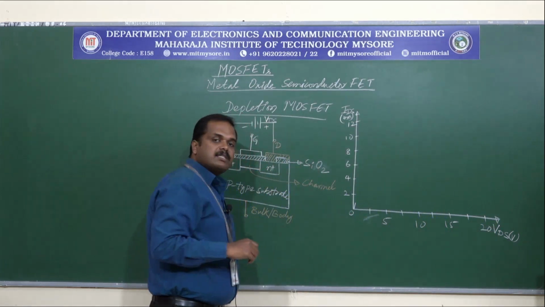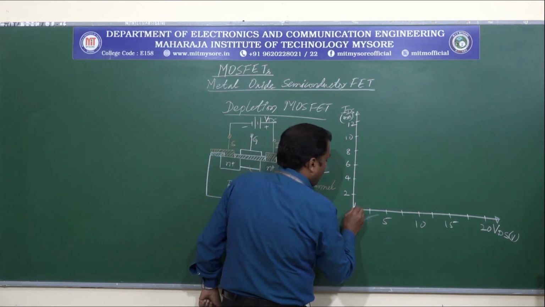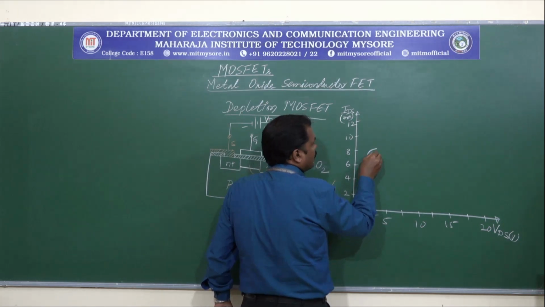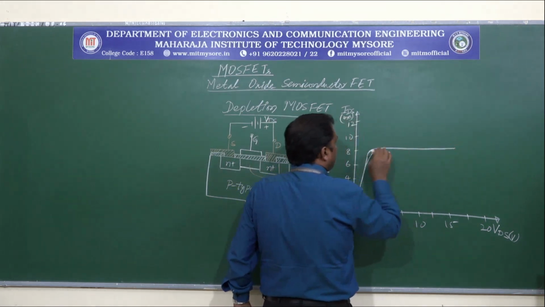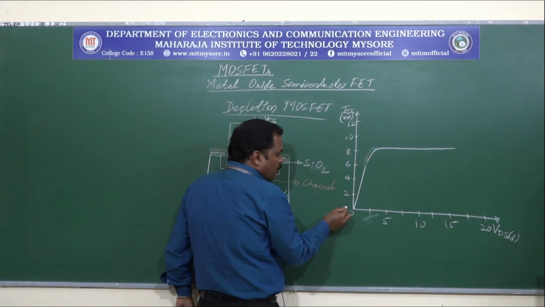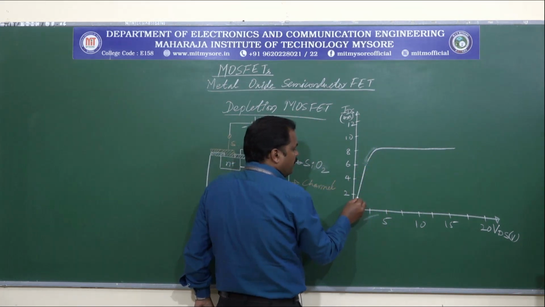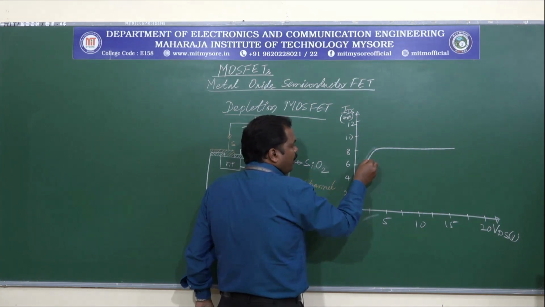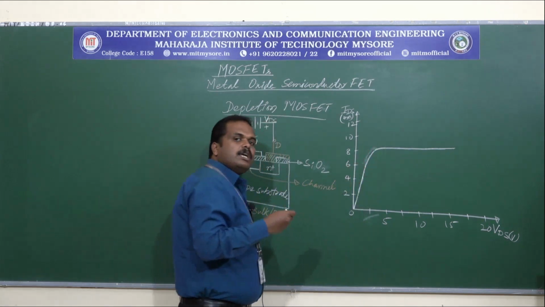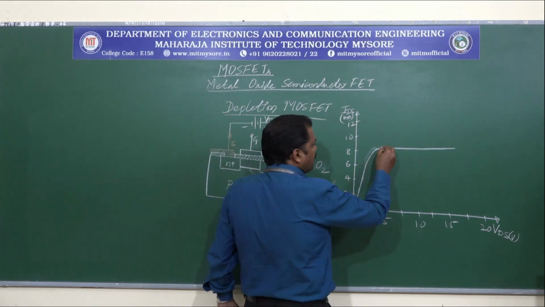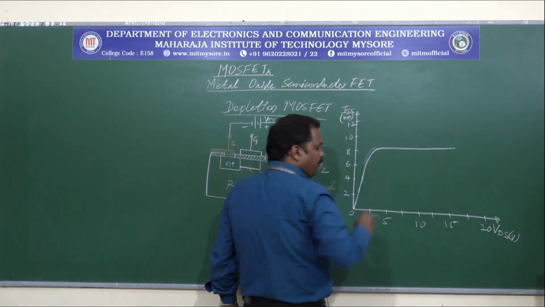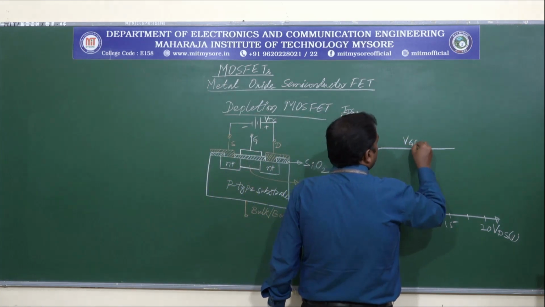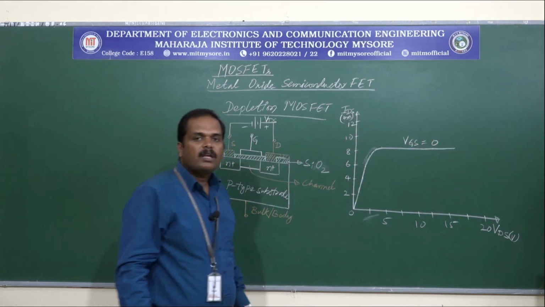If the gate voltage is connected to 0, I'll be having a current flowing like this. As we go on increasing VDS, there will be a linearly increasing current, and at a particular point the current starts increasing slowly, and after reaching a point called the pinch off voltage, the current becomes almost constant. So this is for VGS equals 0.